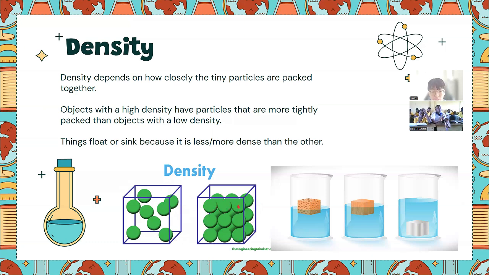You can see it's closely packed together, unlike the left one, where the particles are spread apart. You can say that the one on the right is more dense than the one on the left, because it has more particles tightly packed together in the fixed volume.